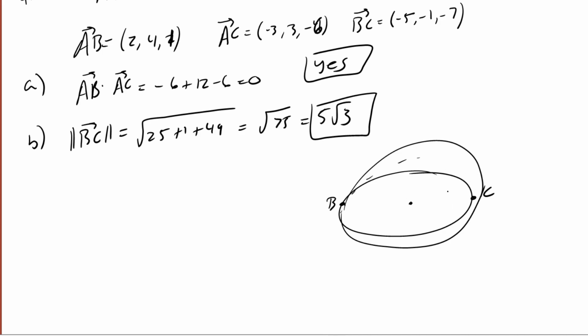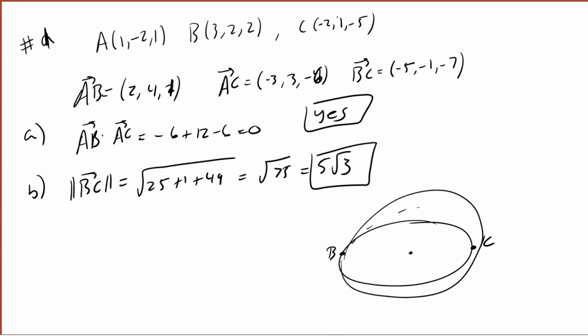So let's find the midpoint. That's just going to be the average of B and C, so B plus C over 2. That's going to be the midpoint. So this is 1/2, 3/2, and minus 3/2.